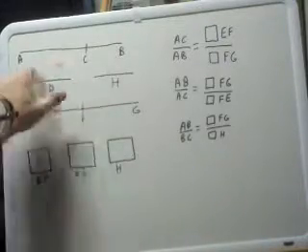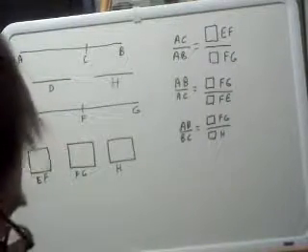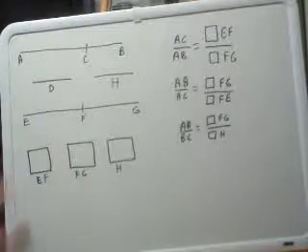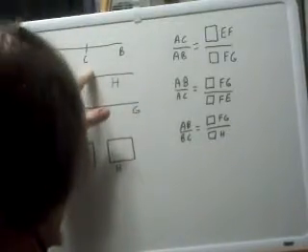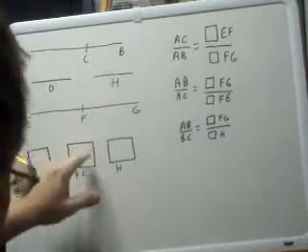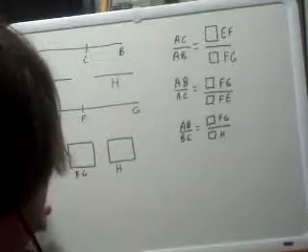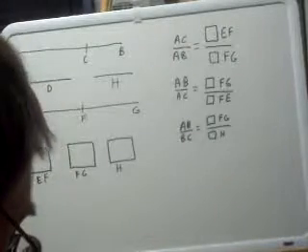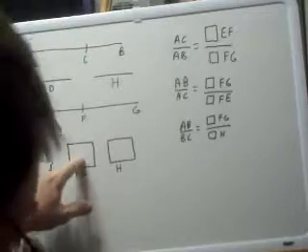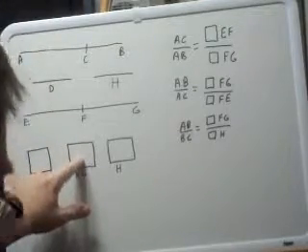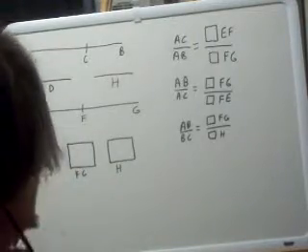Inversely, as AB is to AC, so is this to this. Therefore, the square on this line has more area than this.